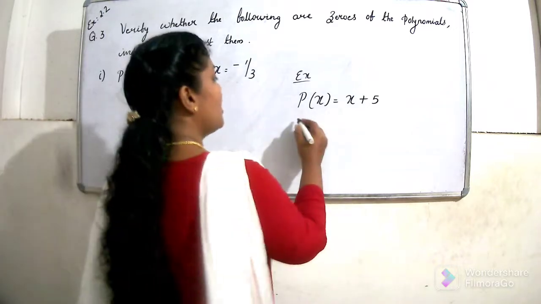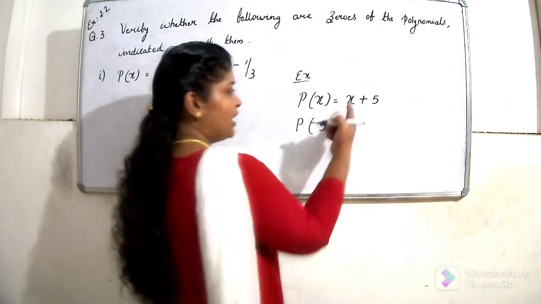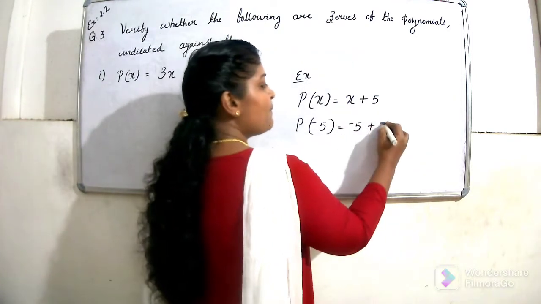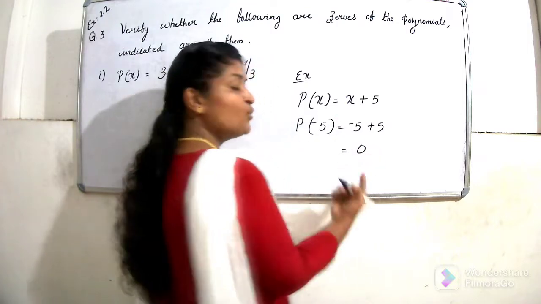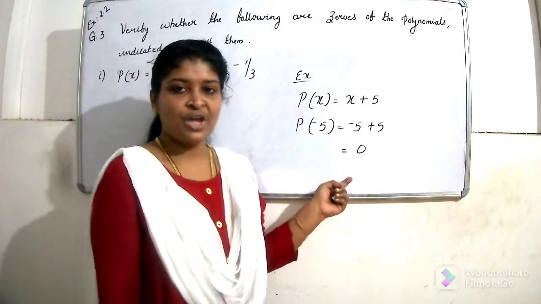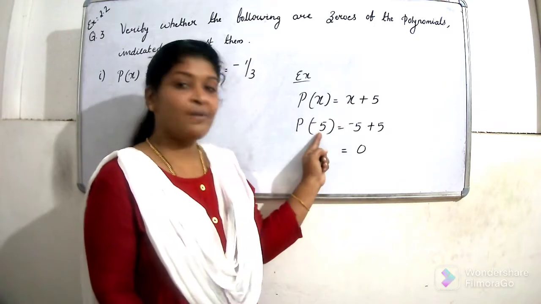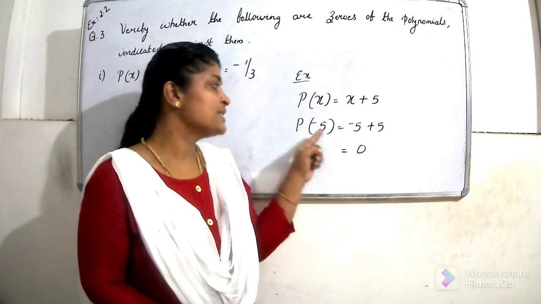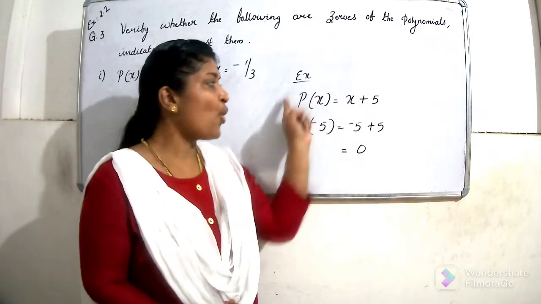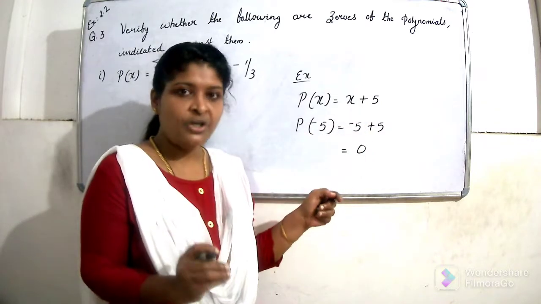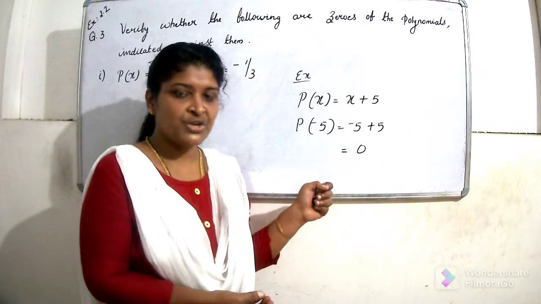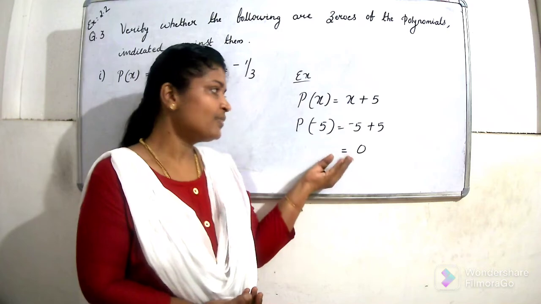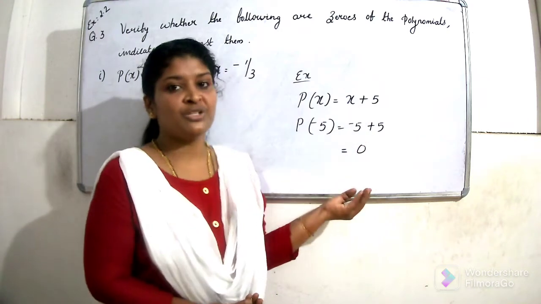For example, if we take x as negative 5, then p of negative 5 is negative 5 plus 5, so the polynomial's value equals 0. Negative 5 helps us reach 0, so we can say negative 5 is the zero of this polynomial. In short, the value that helps us reach 0 is known as the zero of that particular polynomial.